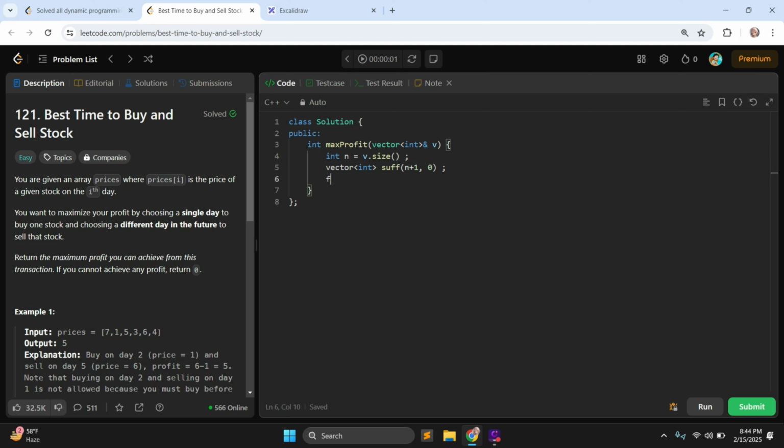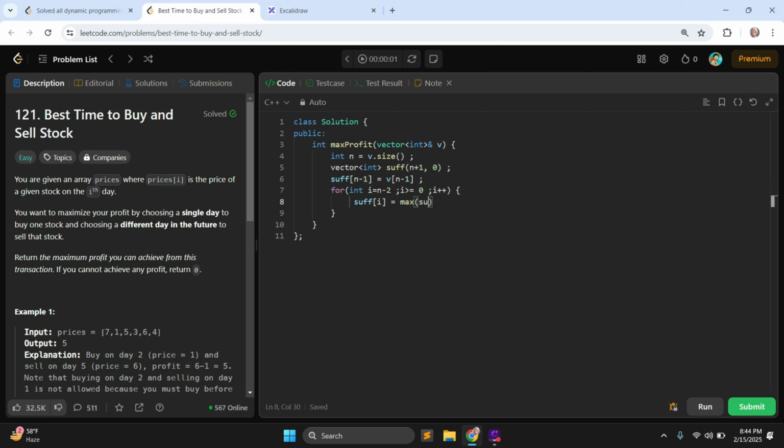Okay, so from the back, for the last index, suffix of n minus 1 is equal to v of n minus 1. So we have to run the loop from n minus 2, and suffix of i is the maximum of suffix of i plus 1 and v of i.